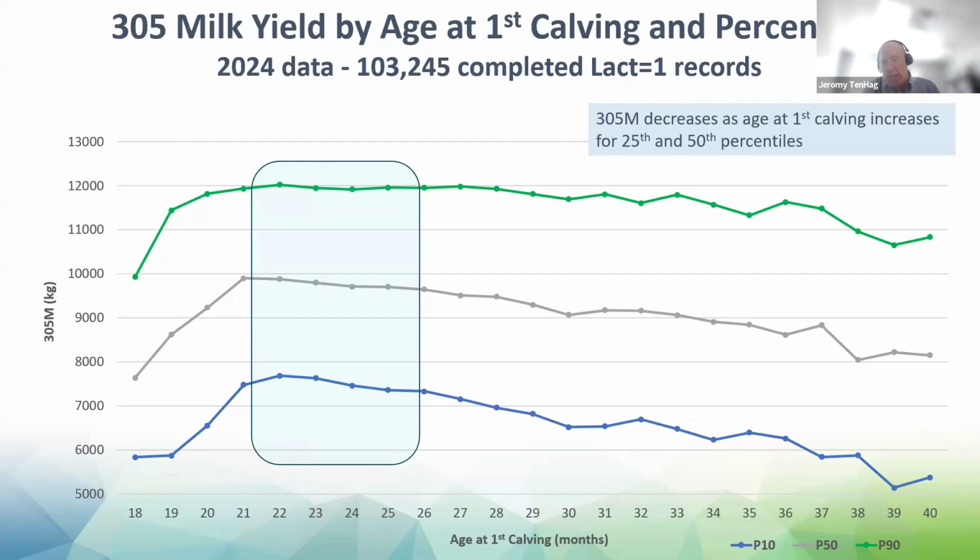Those 10th percentile numbers are really low producing first lactation animals, and there's an even bigger decline as heifers get older there. But then you see the green line and the outliers from a high production standpoint. It seems like they hold on longer, and they're not observed to have as big a decrease until we get to about 30 months of age almost. Not as variable on that top line.